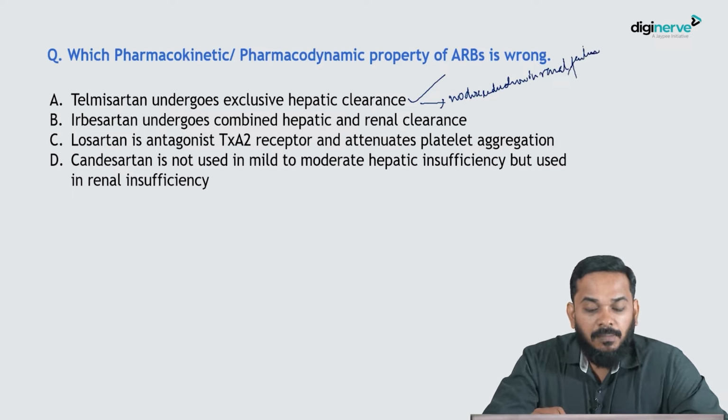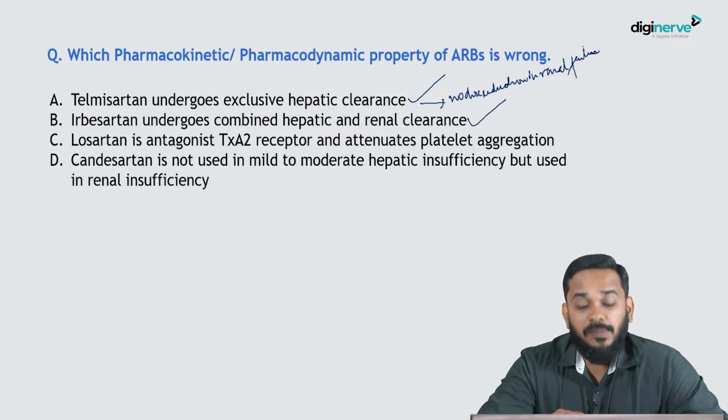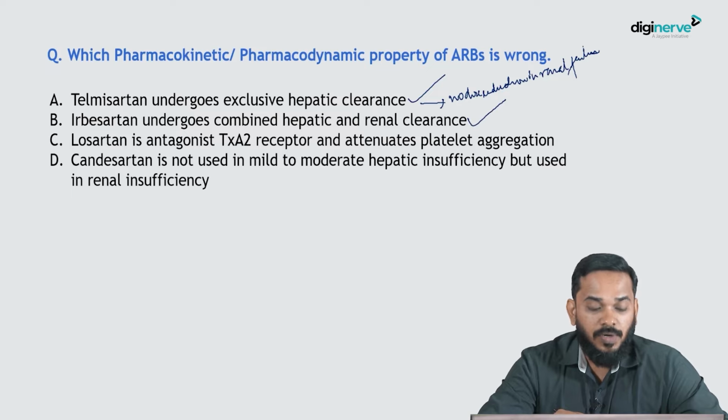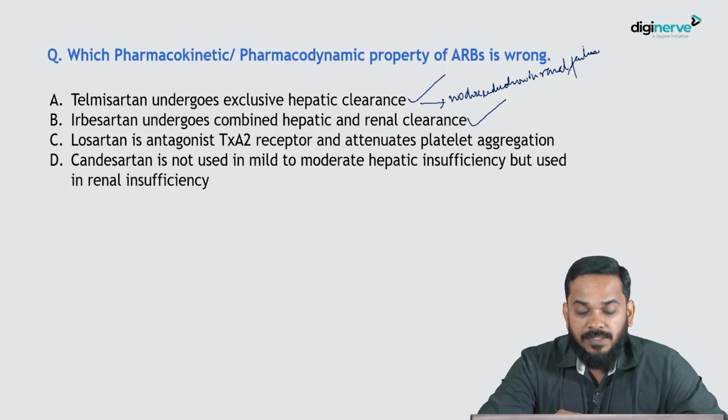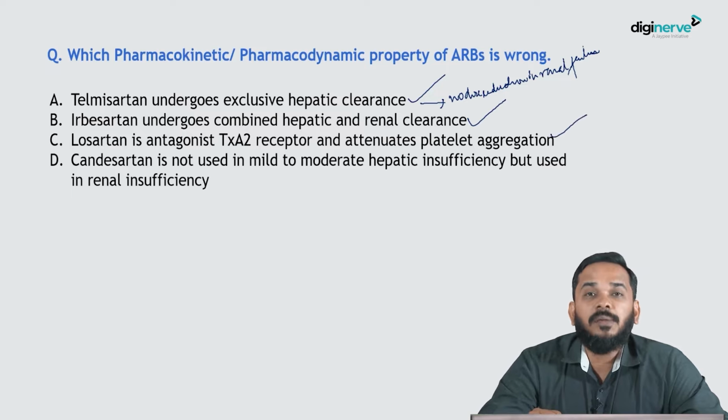Irbesartan undergoes combined hepatic and renal clearance. That is also correct. Some amount of irbesartan is metabolized and some amount is excreted unchanged in urine. Losartan is an antagonist of thromboxane A2 receptors and attenuates platelet aggregation. That is also true. Losartan is an ARB with antiplatelet action.